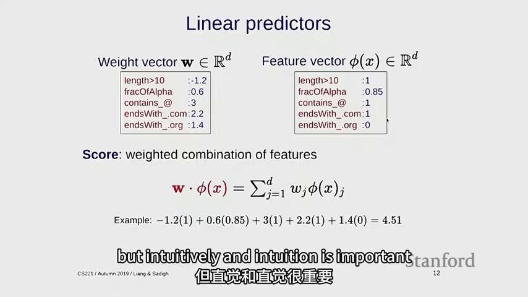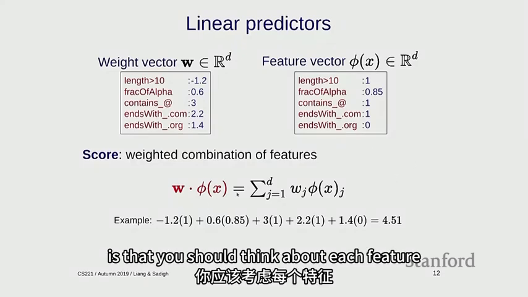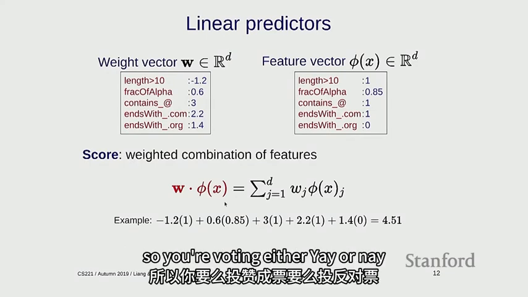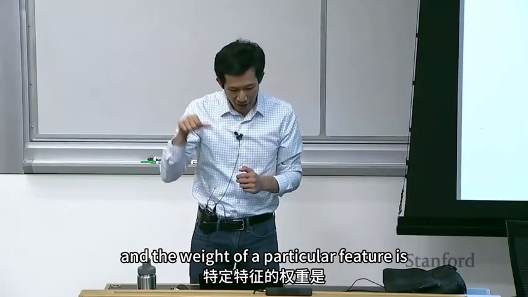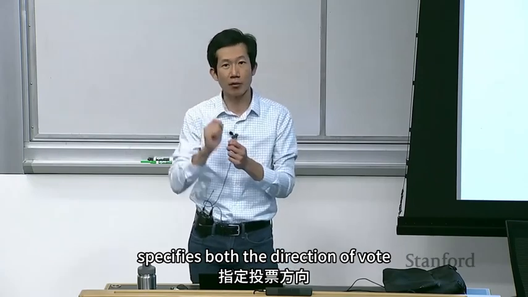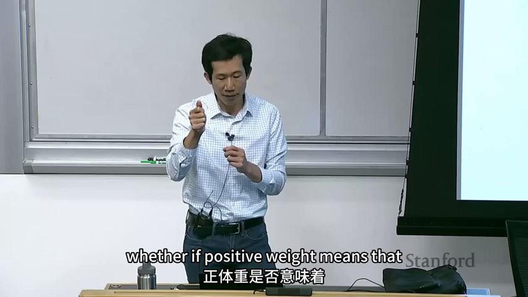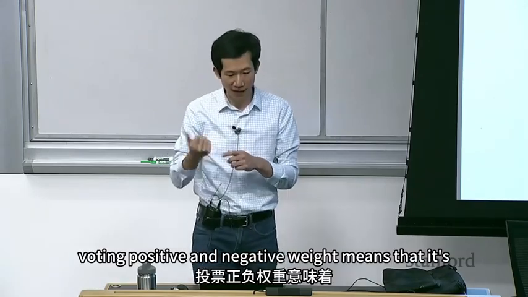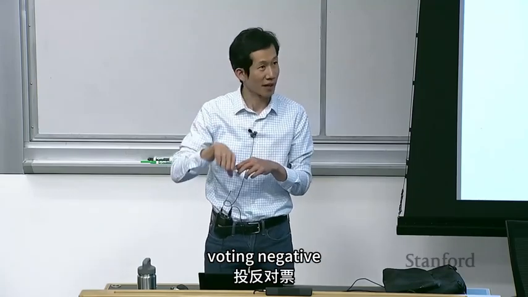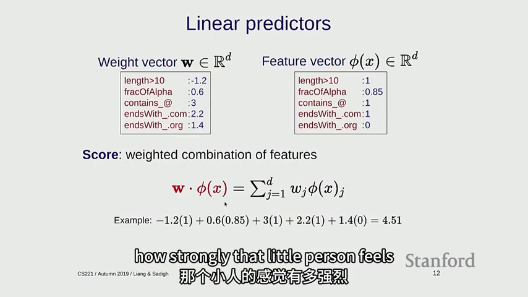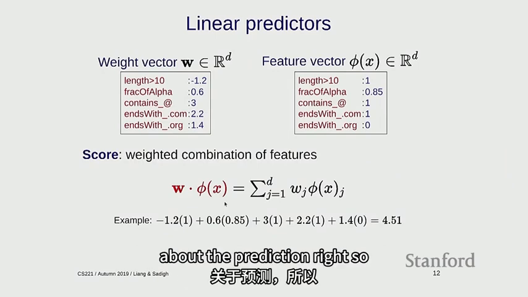But intuitively, and the intuition is important, you should think about each feature as a little person that's going to make a vote on this prediction, right? So you're voting either yay or nay. The weight of a particular feature specifies both the direction of the vote, where a positive weight means that little person is voting positive and a negative weight means it's voting negative, and the magnitude of that weight is how strongly that little person feels about the prediction.